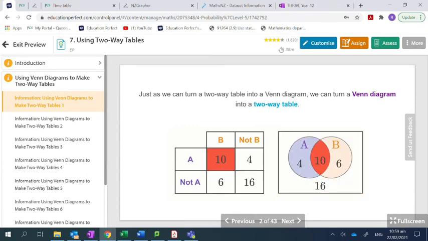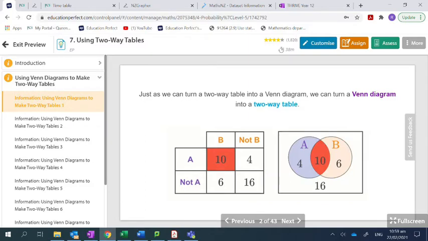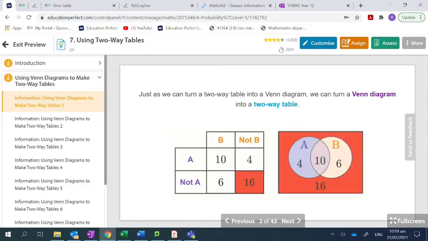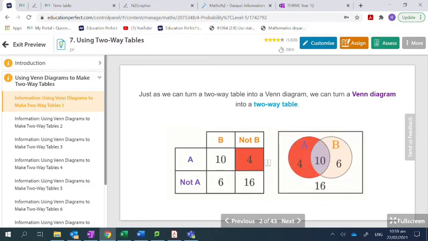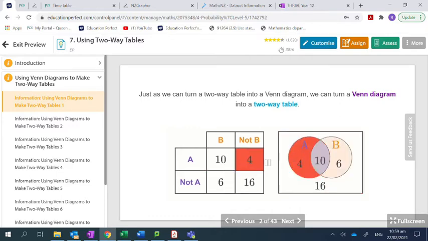So, first thing you're going to do is looking at how you can turn a Venn diagram into a two-way table. Yeah? So, looking at the information here we have a two-way table, and it's just B and not B, and A and not A. You could just as easy as written B and then B prime there. So they're just numbers. There's no real specific categories. Generally, it would be like cats, dogs, whatever. Okay, and you'll see lots of examples.